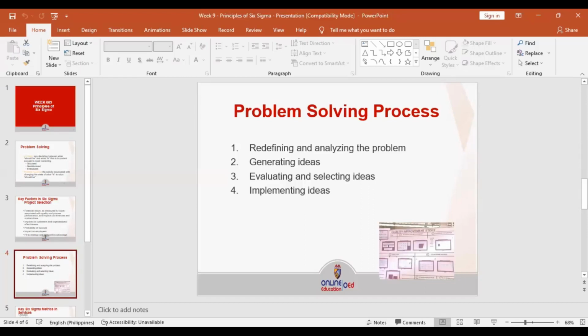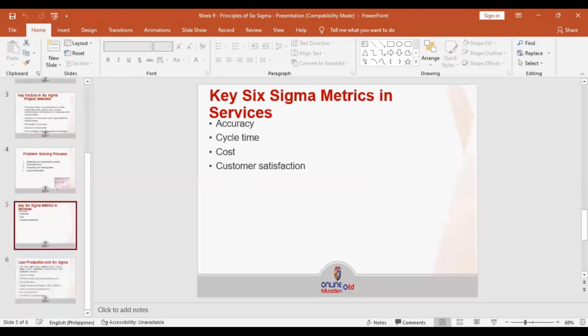That's why we have to evaluate and select the ideas that we generate through brainstorming, in order to arrive at the idea that will really help solve the problem. And once we evaluate and select the ideas, it's time to implement them by creating product standards, design standards, or conceptual standards in order to implement the idea in solving the problem.